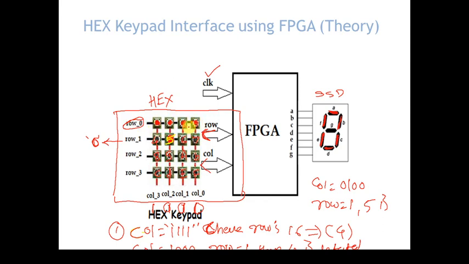Then later on only this third column you make it 1, the other you make 0, and again search if row 0 is still 1. This we are going to do at very high speed so that human may not recognize, let us say in a few microseconds.